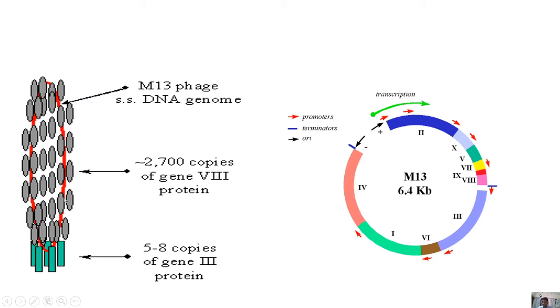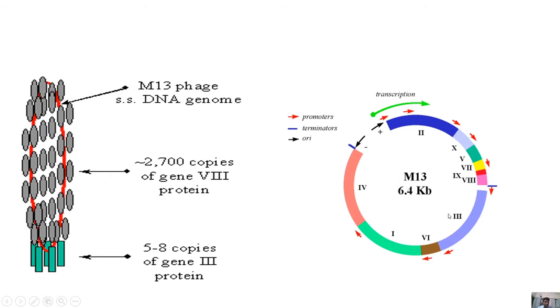See this red over here, it indicates the presence of the viral genome. We can go to a detailed picture of the genome. See, this is the genome of M13 vector, and this is a circular single stranded DNA having a size of around 6.4 kb.